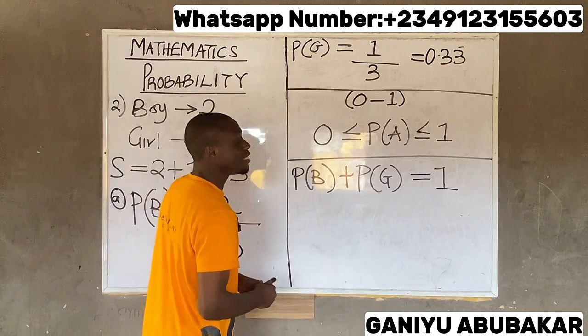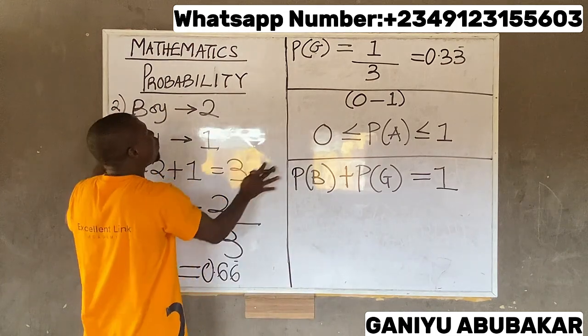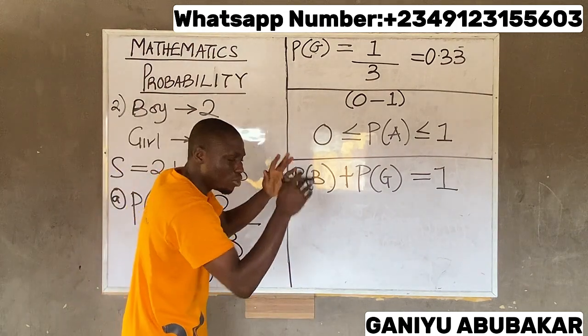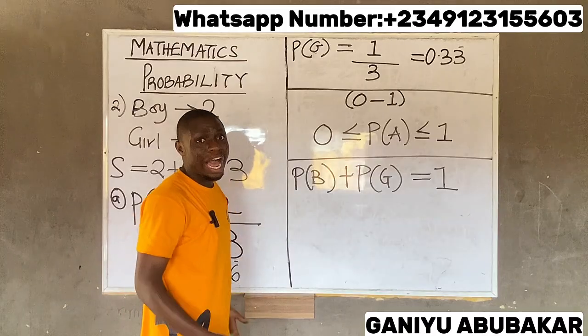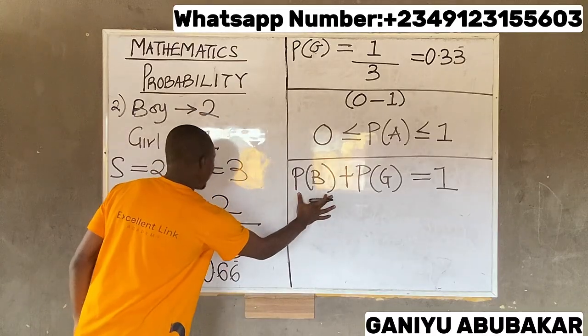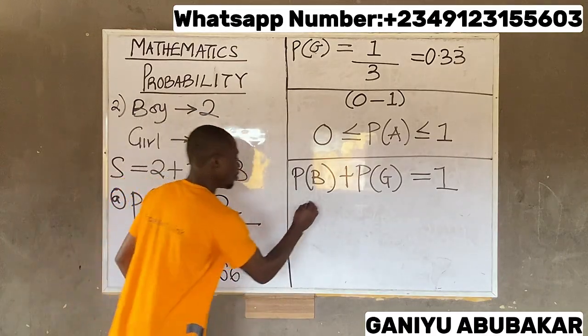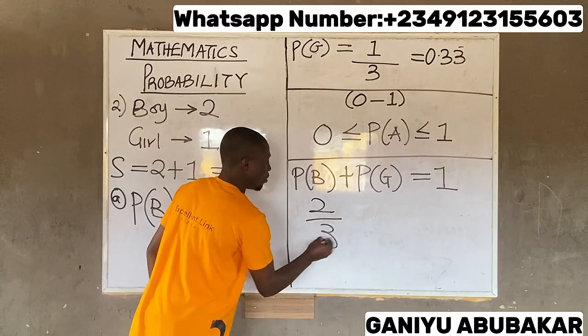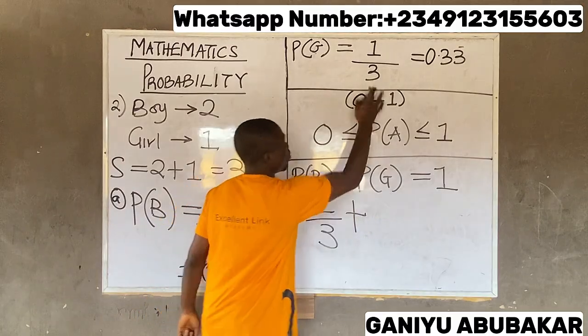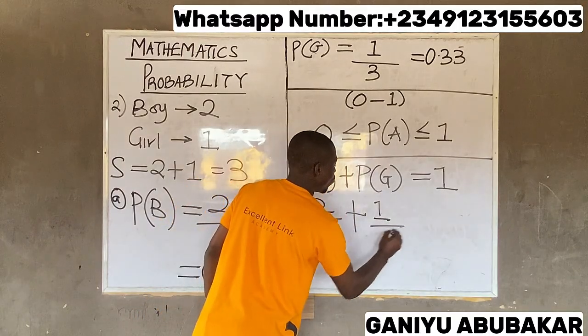So I'm saying this: if you solve the probability of all the events in a question, the sum must be 1. How? Let me show you. Probability of boy is 2 over 3, plus probability of girl is 1 over 3.